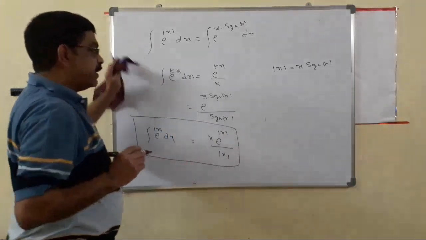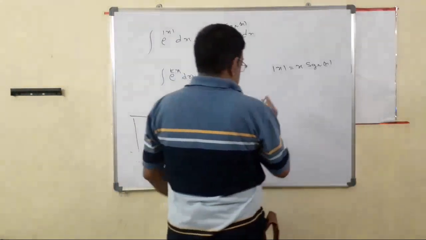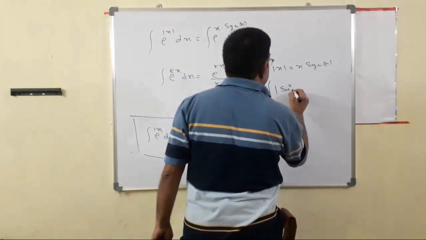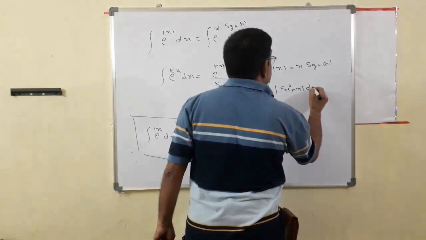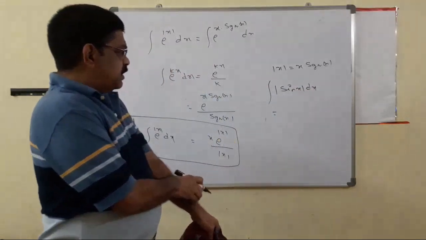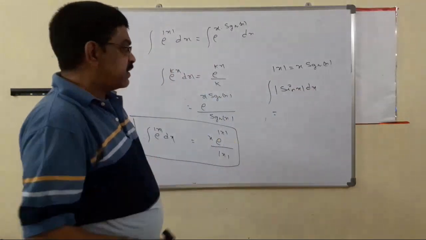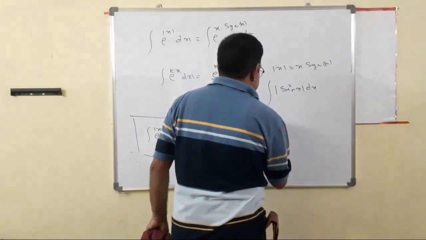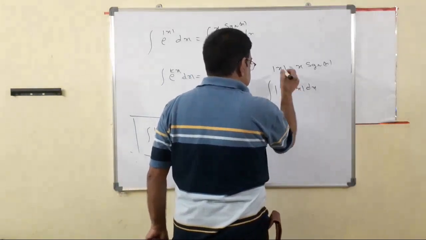Can you also tell me what is integral of mod of sin x dx? I will be more than happy if you can. How do you write that? In place of x I have sin x, right? So straight away keep the integral sign here, mod sin x, use the same formula again.